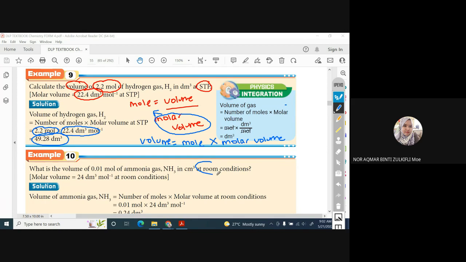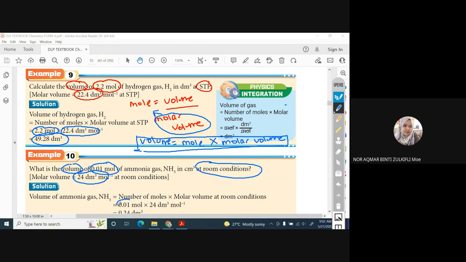Ini room condition pula. Next example. Okay, what is the volume? 0.01 mole at room condition. So room condition 24. Okay, just follow the information given from exam. Okay, so use the formula again. Okay, this one already convert so that you easy to understand.